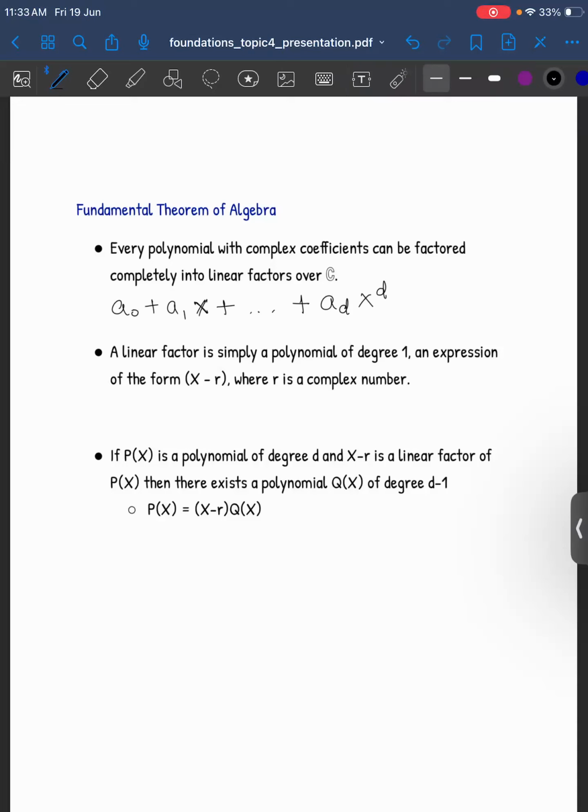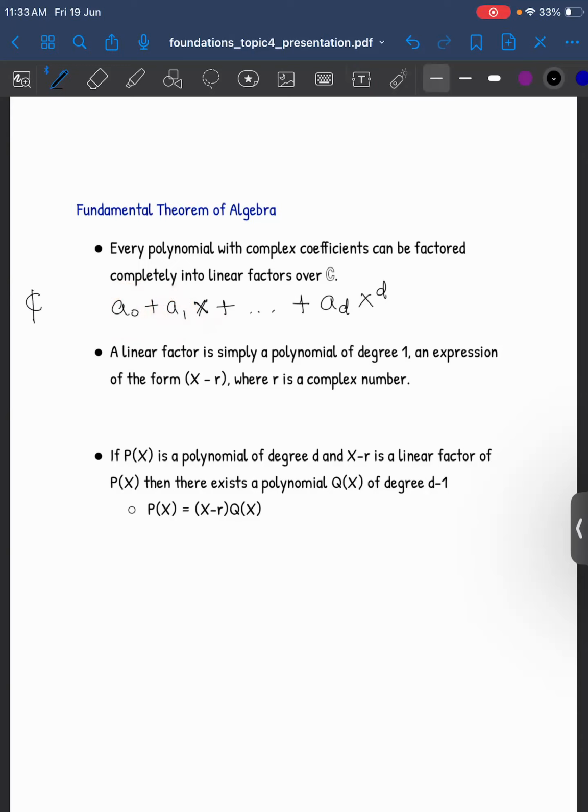So you could have d equal to 1 or d equal to 5 and so on. And all the elements of this form together form the set of polynomials, where x is an indeterminate. So when you define a polynomial, x is an indeterminate and its coefficients always come from a field. So in our case, the coefficients are coming from the set of complex numbers.